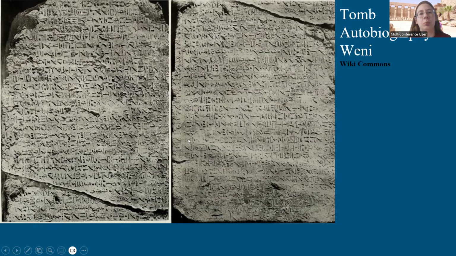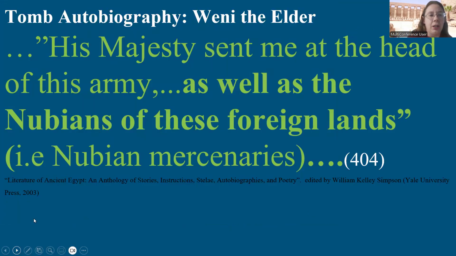So this is one of the more famous ones that has those elements, the tomb autobiography of Weni. This was found in the 19th century, so this is a 19th century image of both sides of the part of the wall where the biography was.